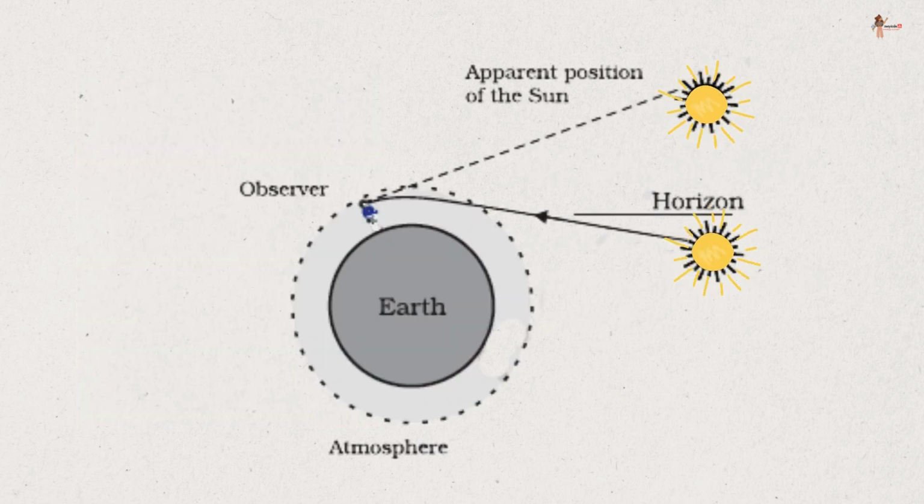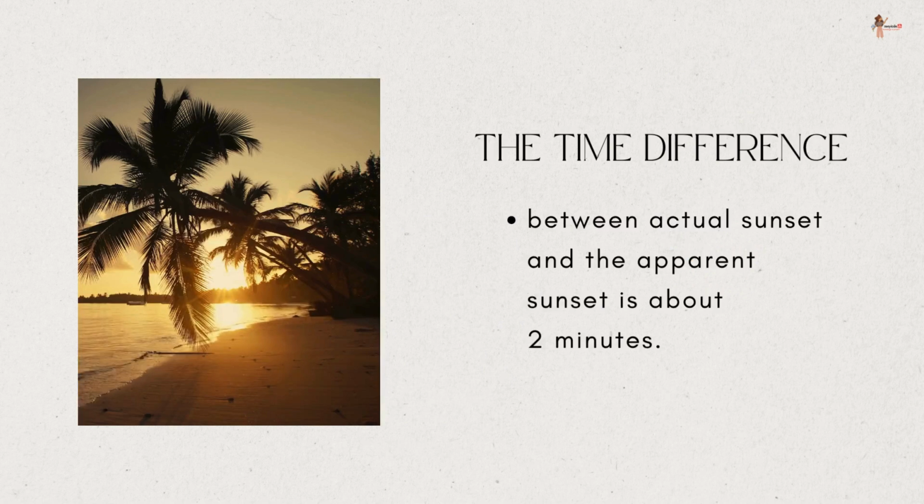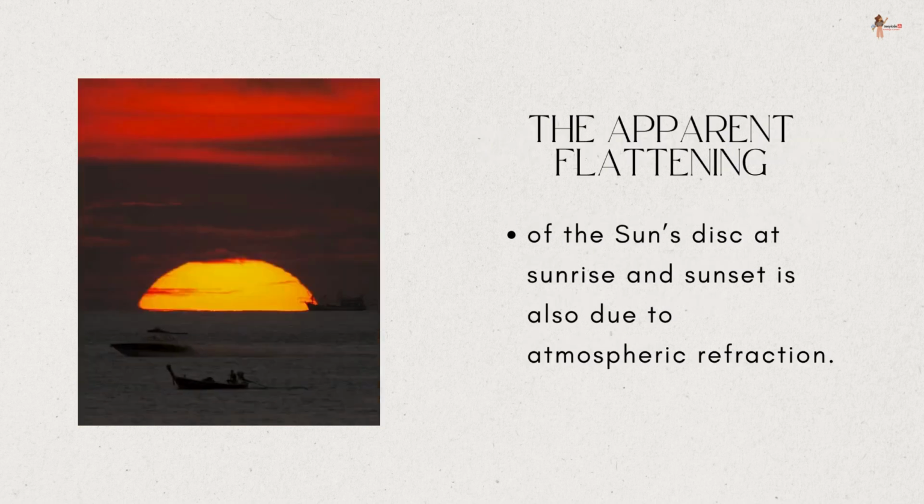In the figure here, see the actual and apparent positions of the sun with respect to the horizon. The time difference between the actual sunset and the apparent sunset is about 2 minutes. Also, the apparent flattening of the sun's disk at sunrise and sunset is also due to the same phenomena.